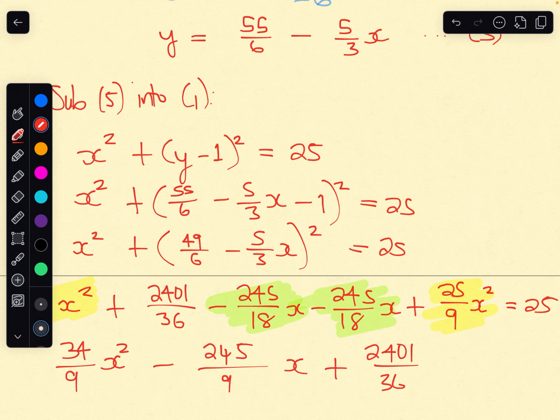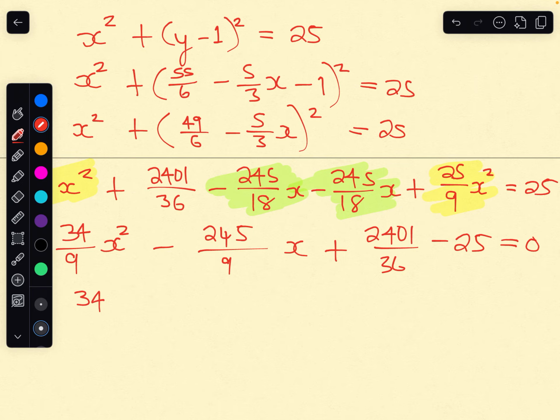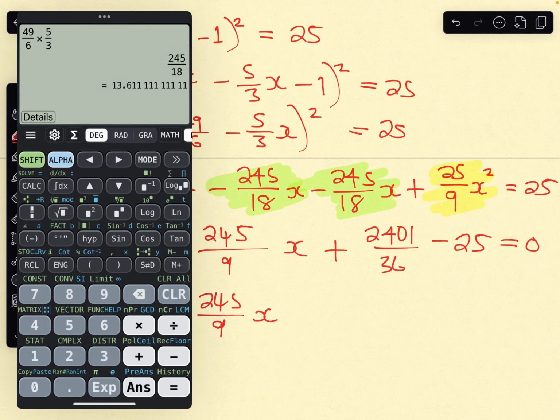But as we can see, this is now a quadratic equation. So I might as well bring this guy over. Right? So let's just rewrite that. So 34 over 9x squared minus 245 over 9x. And then over here, I don't really know what the answer would be.